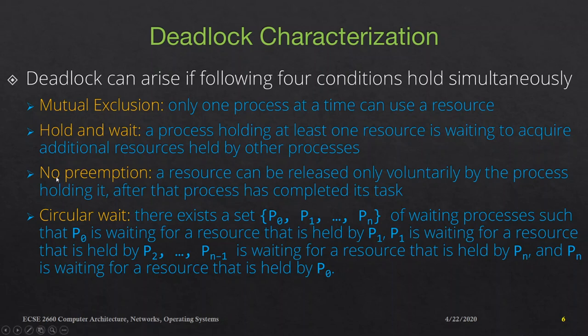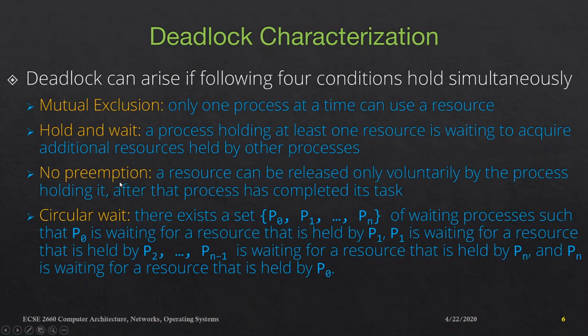That cannot happen, which is why it is called the no preemption condition. Only after the process has completed its task will it voluntarily give up the resource for it to be assigned to some other process. Again, no preemption is also a condition which will increase the chances of a deadlock state.